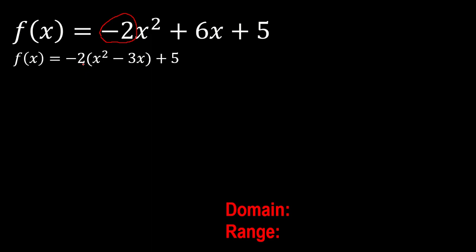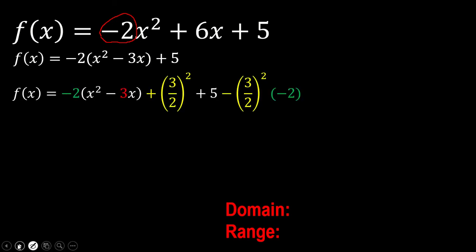Now, let's perform the completing the square. Again, all we need to do is divide this by 2 and then square it. Please take note that the result should be multiplied by negative 2. So in this case, we have 3 over 2 squared.